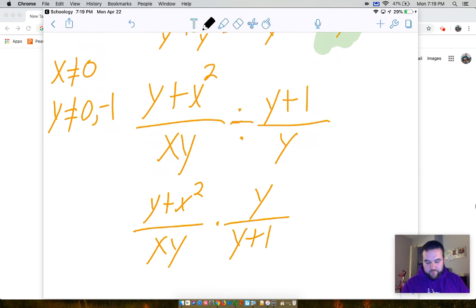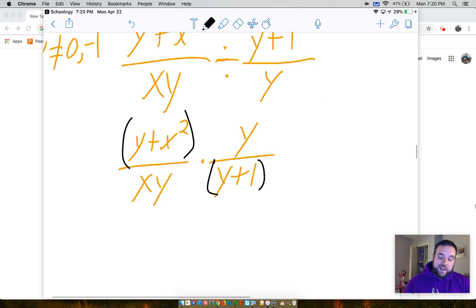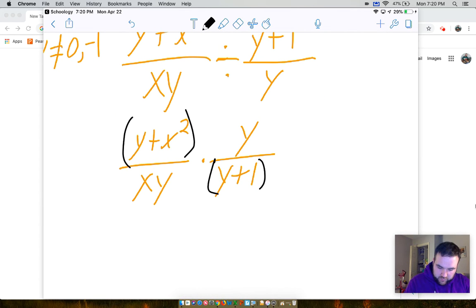Going back to 8.4, this does not cancel that because both of those y's have some number being added to it. Now, this y on the bottom left-hand corner, that's just x times y, so I am free to cancel out either one of those x's or either one of those variables, x or y, if there's another loose variable on the top or the bottom.